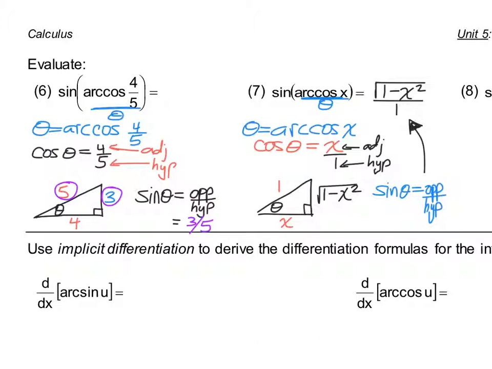This is a very powerful relationship here. It just doesn't seem like it would be. But what it does is it allows us to take something that's trigonometric and turn it into something that's algebraic. If I ask you right now to take the derivative of the sine of the arc cosine of x, you wouldn't be able to do it.